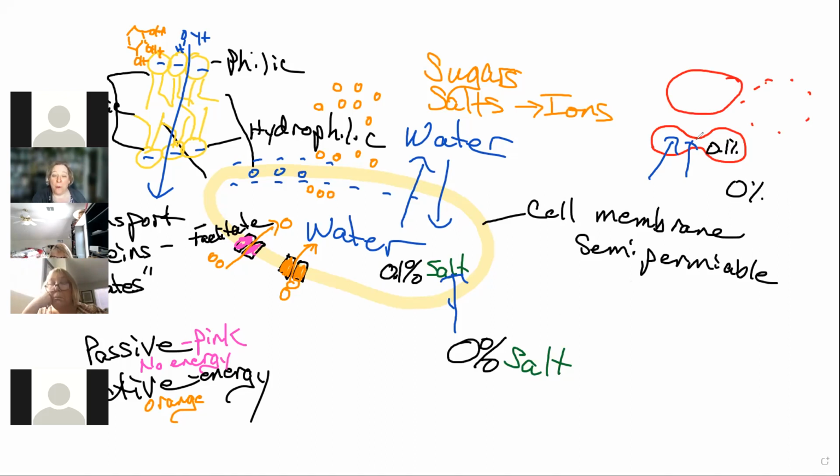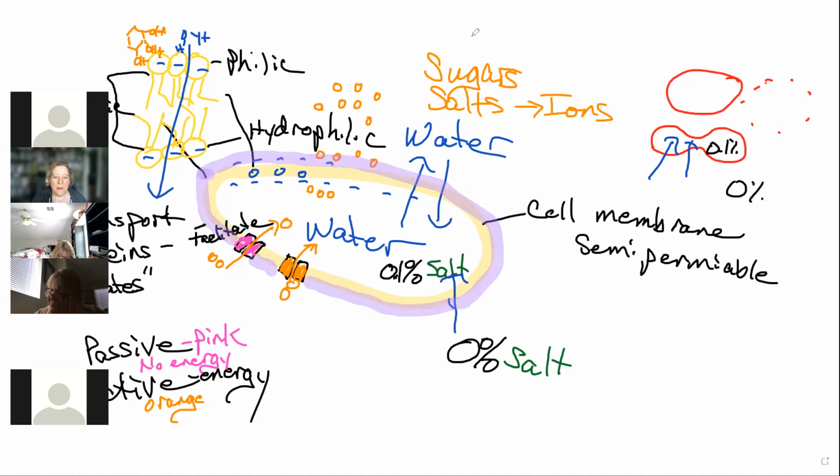So bacteria, on the other hand, can live very comfortably in lake water, because outside of their cell membrane they've got a cell wall. And it's rigid.